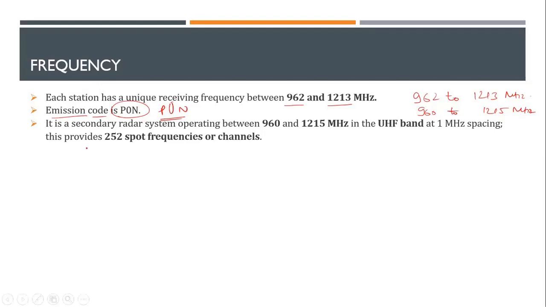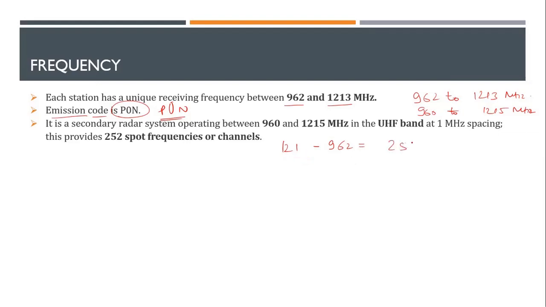Now, if you subtract 1213 minus 962, how much do you get? Are you sure? There are two.